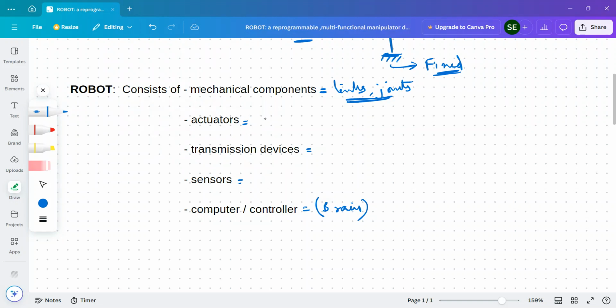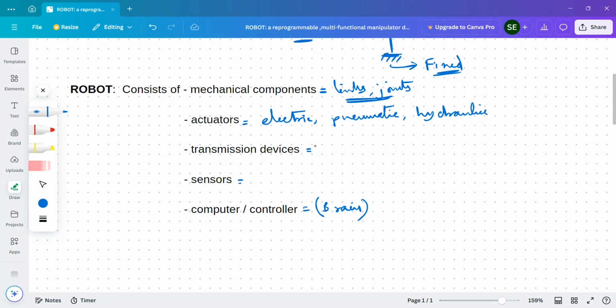Actuators can be electric, pneumatic, or hydraulic. You definitely know what pneumatic or hydraulic means, but if you don't, I will tell you. Pneumatic means the actuator is operated with the help of air pressure, hydraulic means fluid pressure, and electric means electric charges or force.